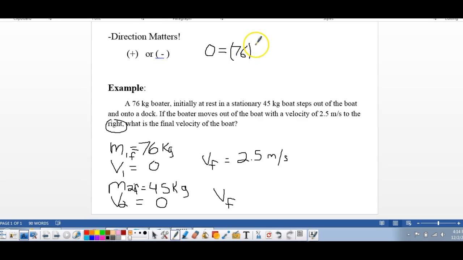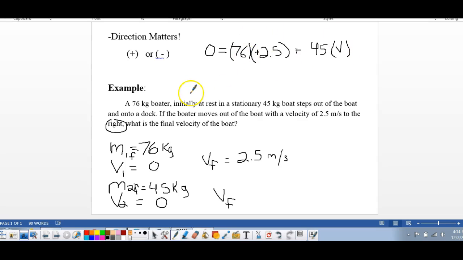That's going to be times his velocity. He's moving to the right, so he's positive, 2.5. And then we're going to add the mass of the boat, which is 45. And that's going to be times its velocity.